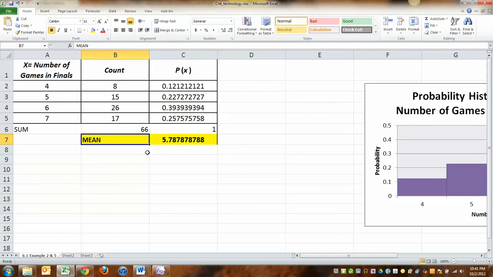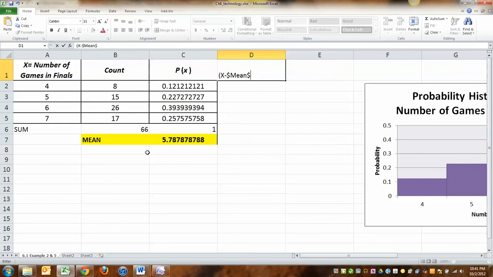All right, so we've got the mean. Fabulous. All good. Now the standard deviation. Now, as you recall, this is much harder. You got to find x minus the mean. You got to give the mean dollar signs. Better put that in there. X minus mean, giving it dollar signs. Then you're going to square that and times it by the probability. And again, it'll make your life easier if you use the probability.